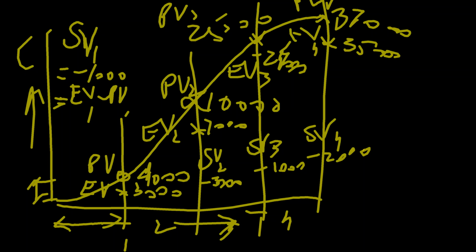So far, I have not talked about the actual cost, how much money we are actually spending on ground. I only talked about the schedule variance. And the figures I have are minus 1000, minus 3000, minus 1000, minus 2000.